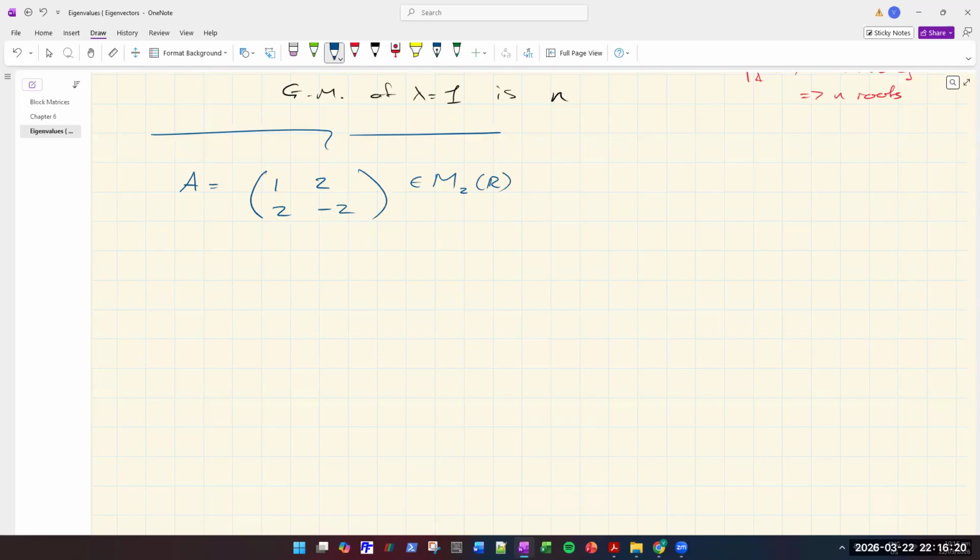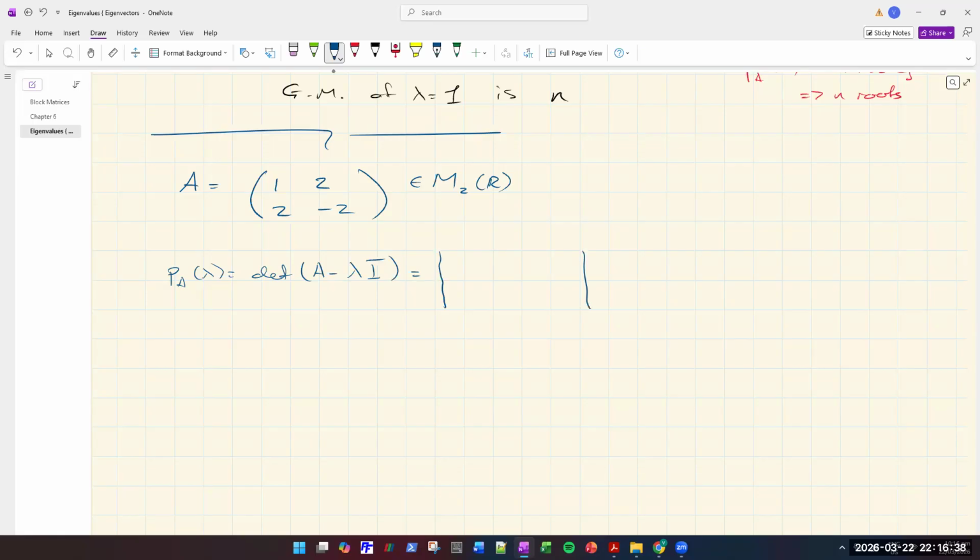Okay, so the first thing to do is to form the characteristic polynomial, P_A of lambda. That is the determinant of A minus lambda I. So it's the determinant, which is given by these two vertical lines.